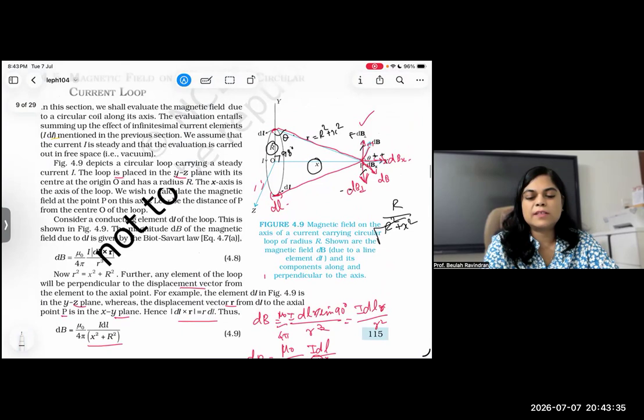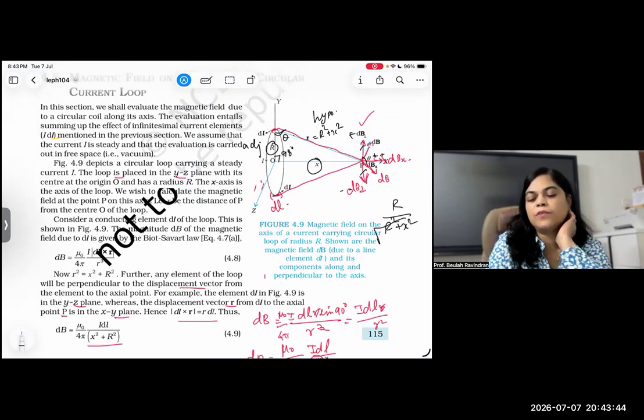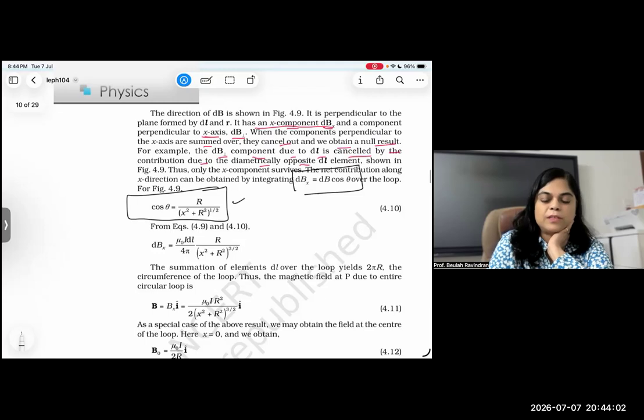So r is the adjacent side and this is the hypotenuse. If you want to find the dBx component, it is dB cos theta. And for this cos theta, we can take adjacent by hypotenuse, so r by root of r square plus x square. You are going to substitute it in.